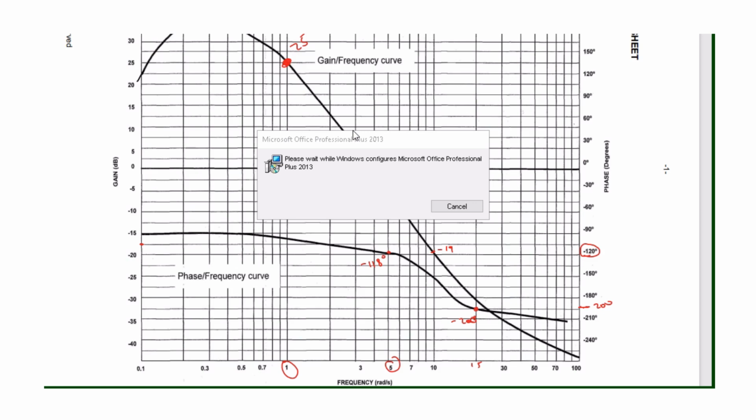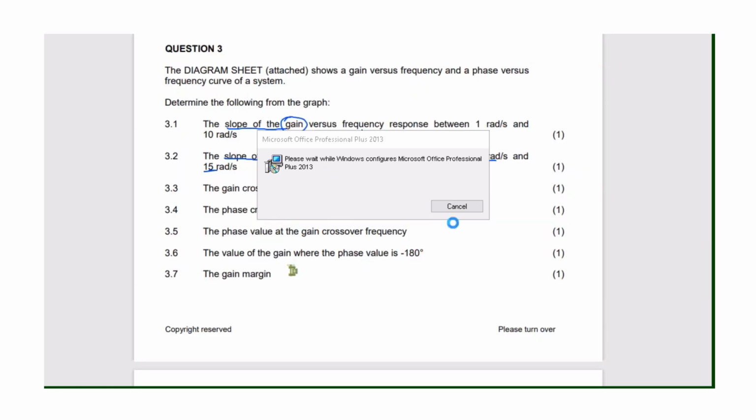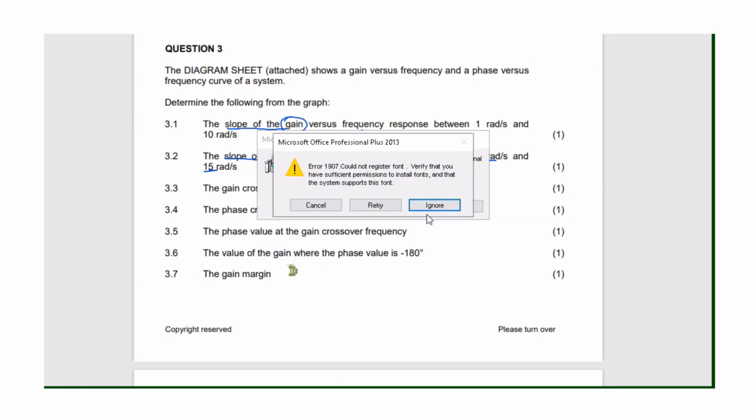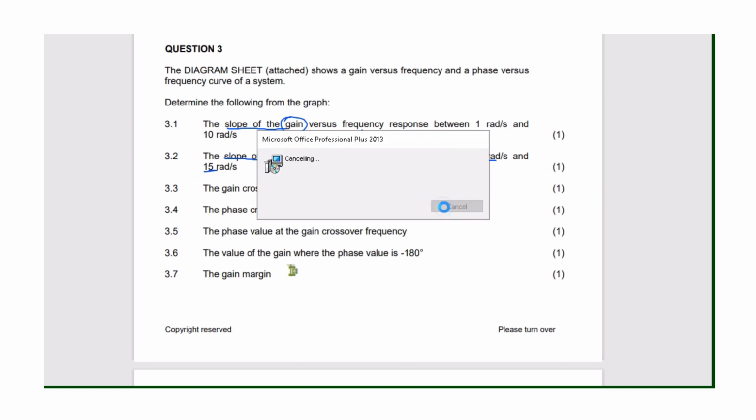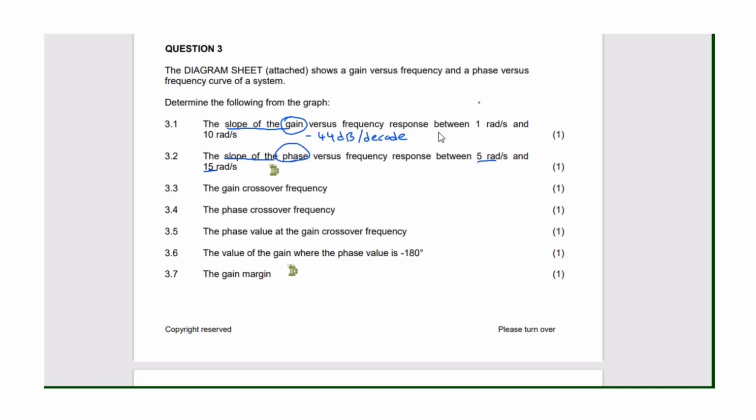Oh, is it 118? We get minus 82, not 12. I don't know why I was thinking we're getting minus 12. Sorry about this, guys. Oh, it moved. We're getting minus 82 degrees per decade.